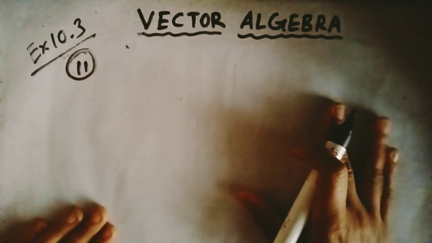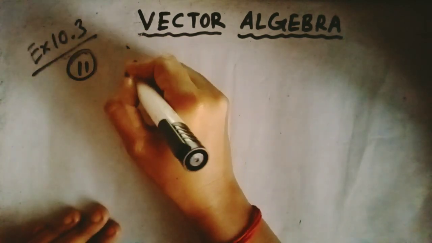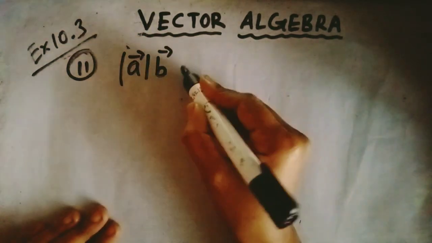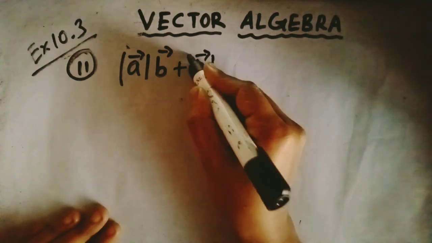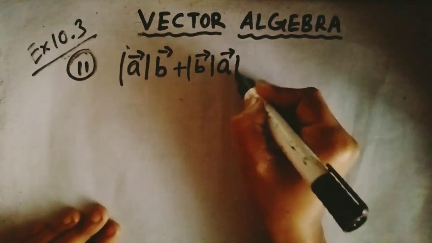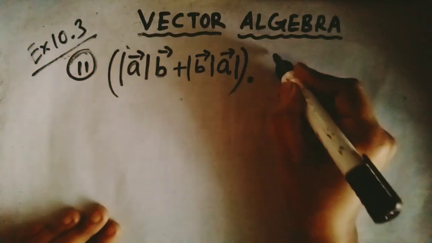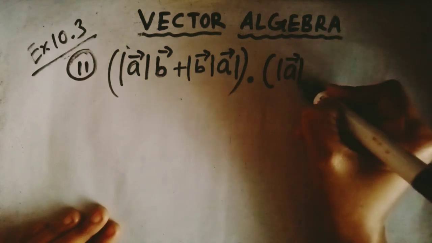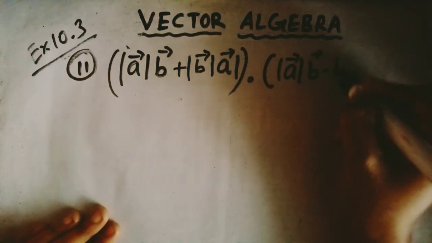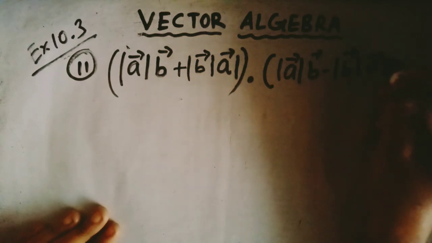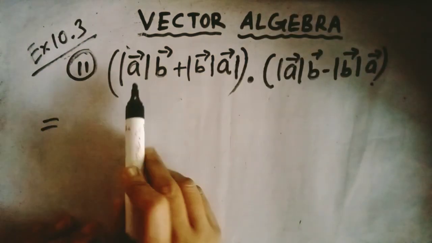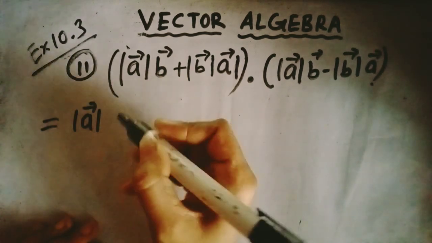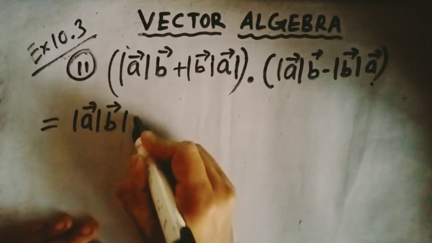Next question, question 11. You have to show that magnitude of a into b plus magnitude of b into a is perpendicular. Perpendicular means its dot product is equal to 0. Okay, so I'll write directly here dot product. Magnitude of a into b, dot with magnitude of b into a.